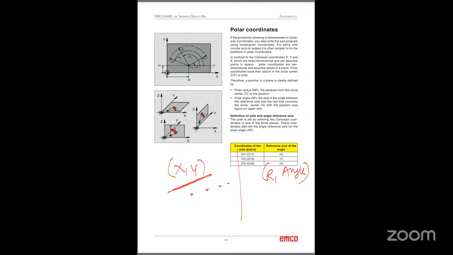But in polar coordinate system, we give the radius one time only. Then you have to change the angle. Cartesian is suitable for linear geometry, and the polar coordinate system is used for circular geometry.